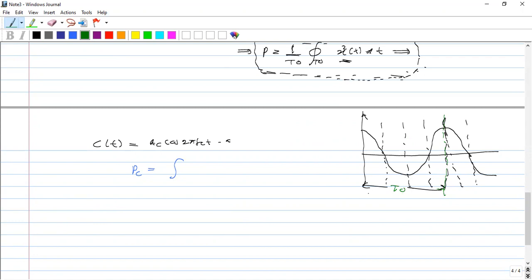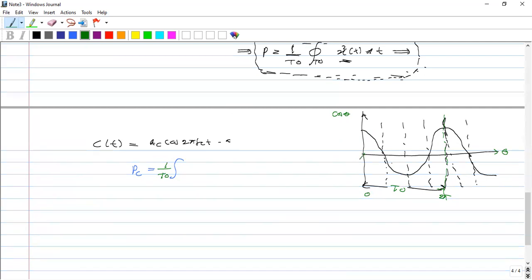This is the period T, so it is from 0 to 2 pi, if we consider cos t with respect to t. So I take one period to find the normalized power content of the signal. We have 1 by T naught.